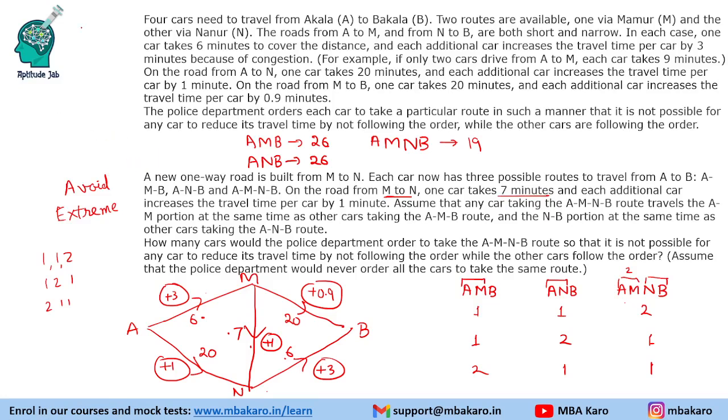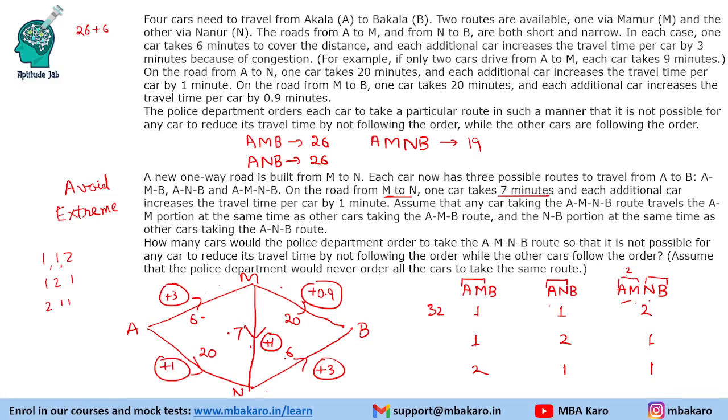So AM, the normal time is 26, and in the route AM it will encounter two extra cars. So time taken will be 32. Then in the part MB it is all alone because no car is traveling from MB. So it will just take 26 plus 6, 32 minutes.